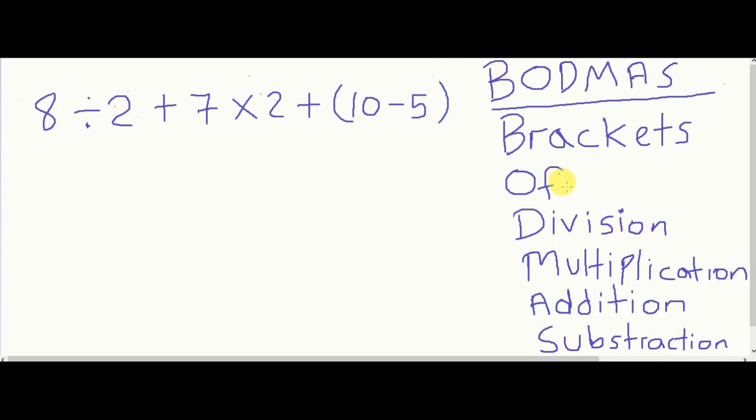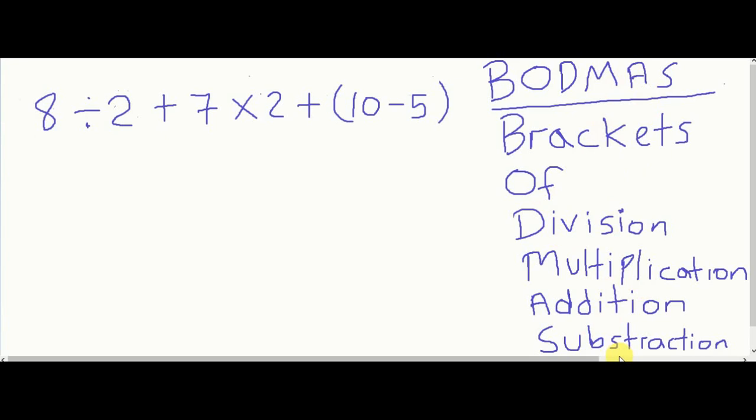Then D stands for division. M stands for multiplication. A stands for addition. Last but not least, S stands for subtraction.